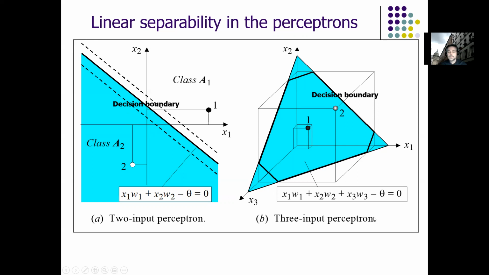In the second part, you can see what happens if you have a 3-input perceptron. So you have 3 inputs. Again, there is a threshold. If you have 3 inputs, then we are talking about a plane in a 3-dimensional space. But in general, you can have high-dimensional spaces, so you can have a hyperplane if we are working in a high-dimensional space.